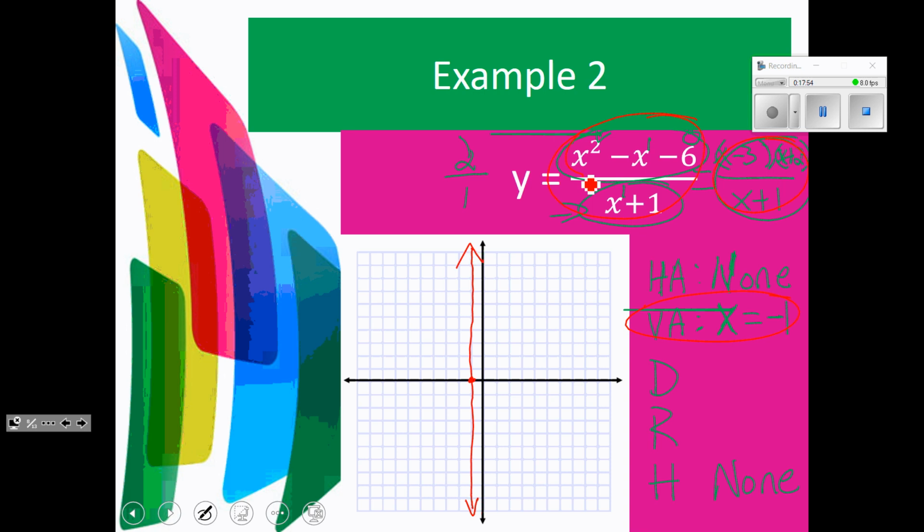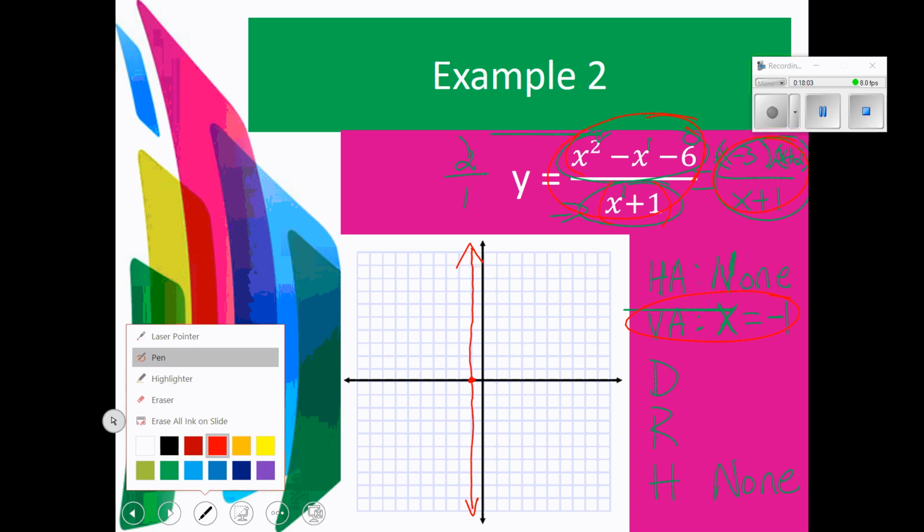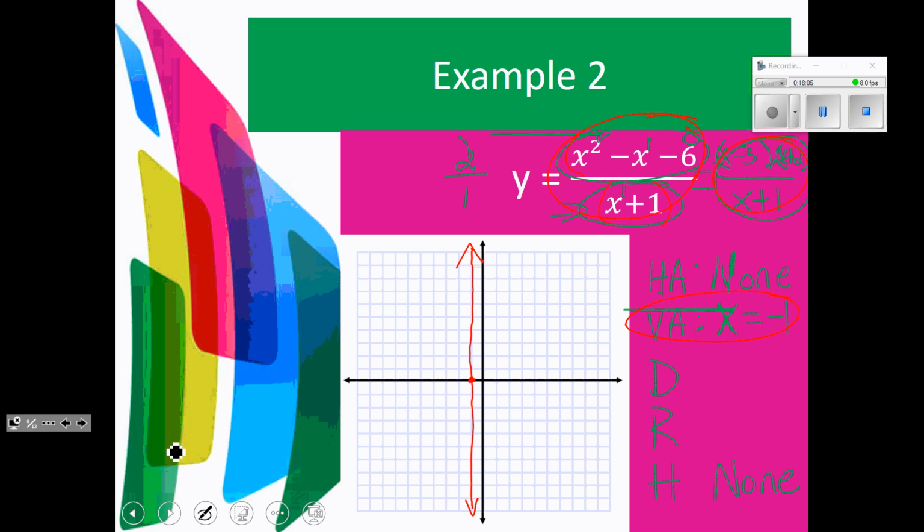Just make sure you put parentheses around the numerator and the denominator. If you've put this into your calculator, you're going to see something like this. It's going to come from this side and get really, really close to this red line, but never quite touch it. Same thing from this side.